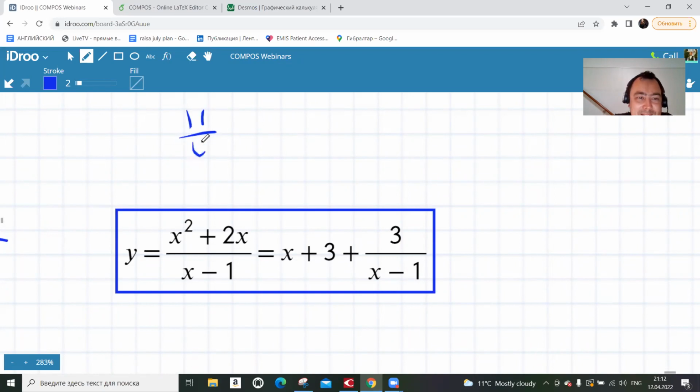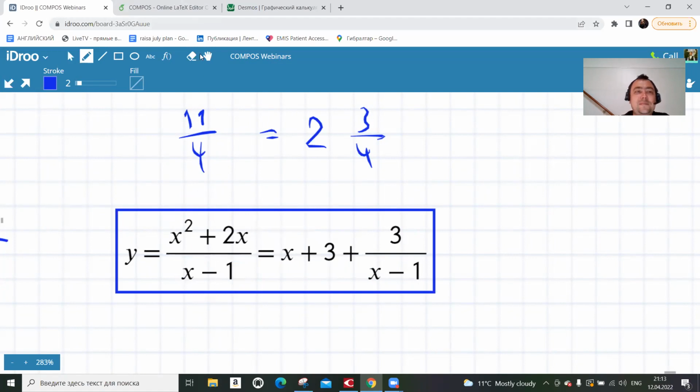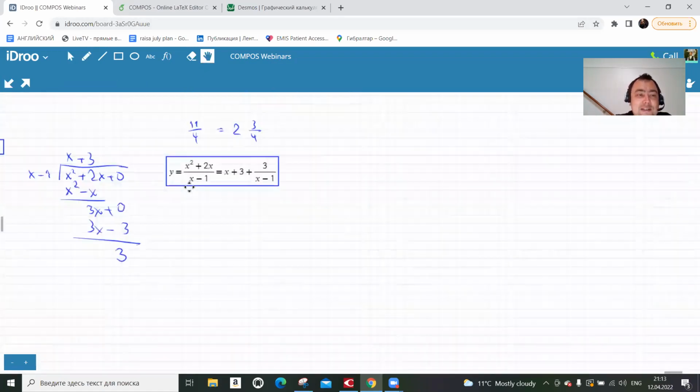But 11 over 4 can be written as 2 and 3/4. That's what I did here. This is 11, this is 4, this is 2, and this is 3/4. So I've converted the top-heavy fraction into a mixed number.